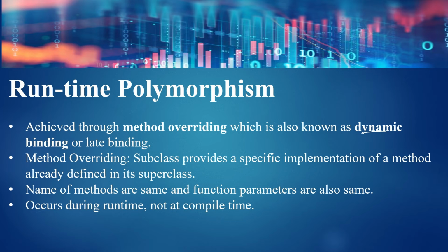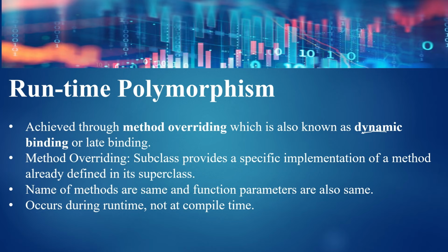So at compile time, your compiler doesn't know which functionality has to be called. That will be decided at the runtime, and that is why it is also called dynamic binding, because it is done dynamically.